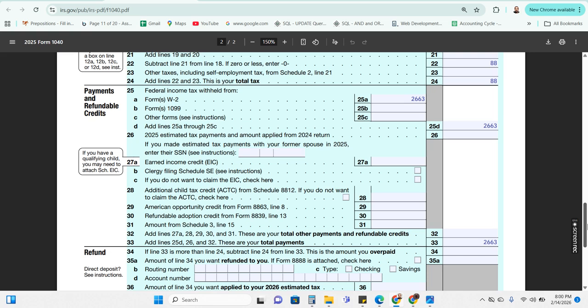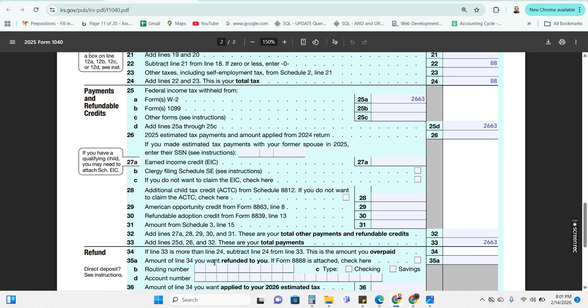Okay, ladies and gentlemen. So 88 is our total tax, and the client paid 2,663. Understand? This is our total payment, meaning the taxpayer already paid this amount.